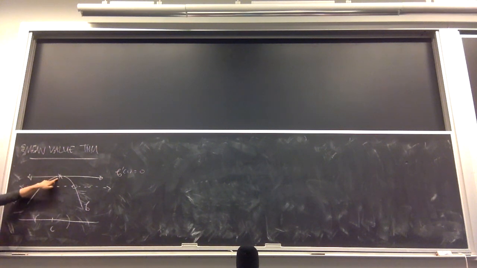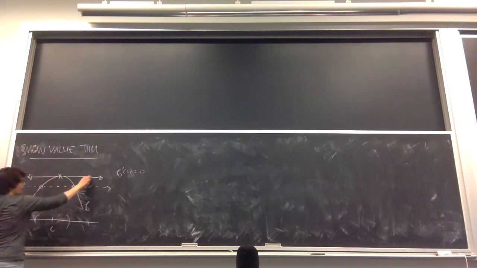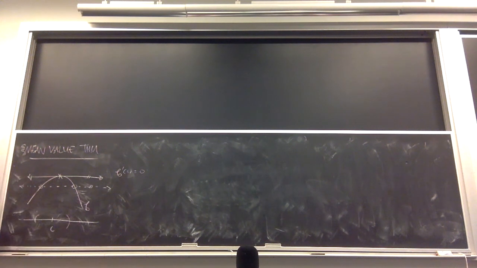If this is a localized extrema and I shift this down a tad, we're going to cut the curve in two places, and this line is going to be parallel to that line. So what's the slope of this line? 0.